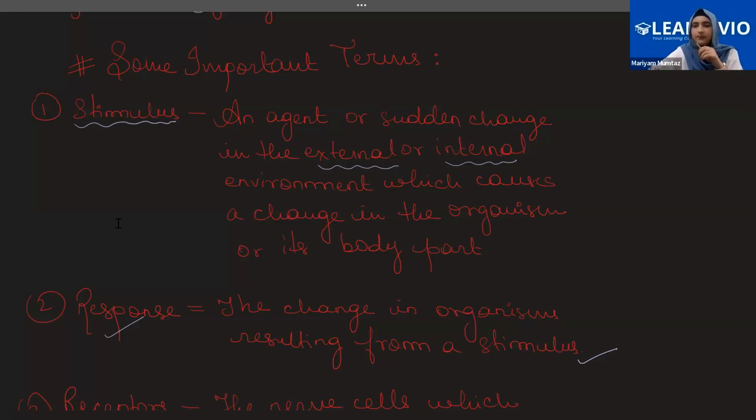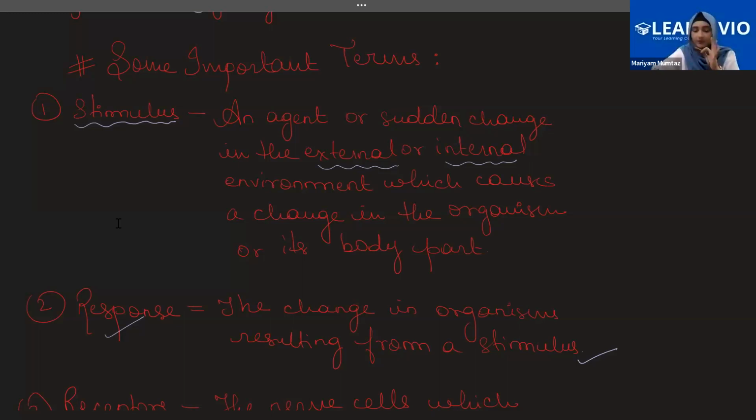So I was saying this particular chapter contains every aspect related to the nervous system of our body. How does it perform? What are its components? And how do we perceive information? How do we understand things? Clear, students? So we're going to see all of that information in this chapter.